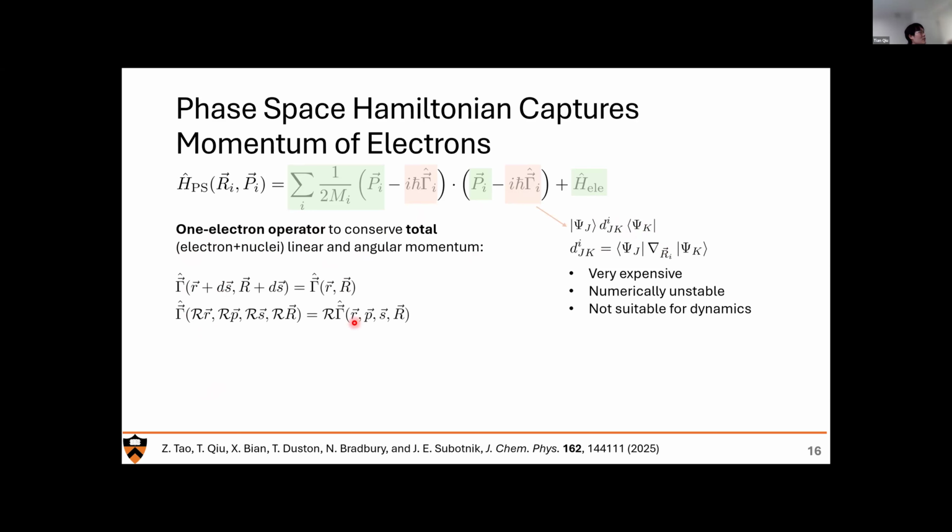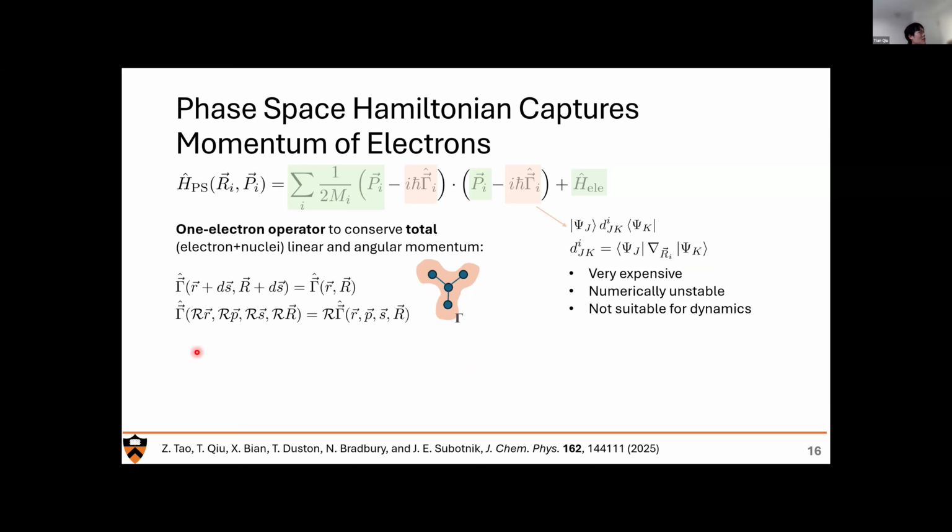Now, these two equations, while they look a bit hard to understand, mean something very, very simple. If we think of this one-electron operator as some kind of a field, then this equation says that the field has to be attached to the molecule, meaning that it will move with the molecule and rotate along with the molecule.